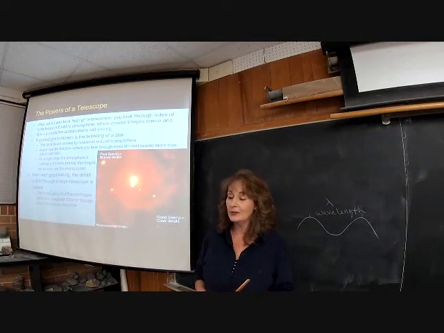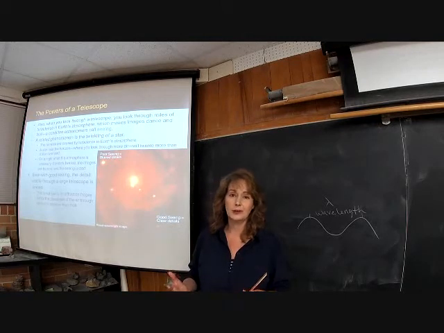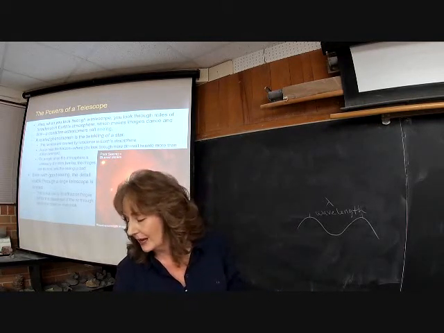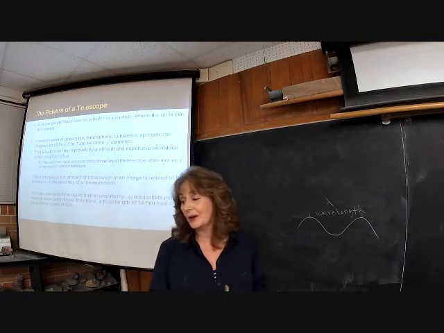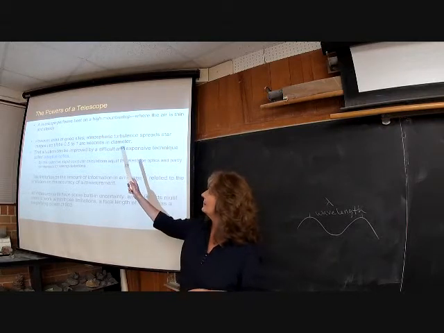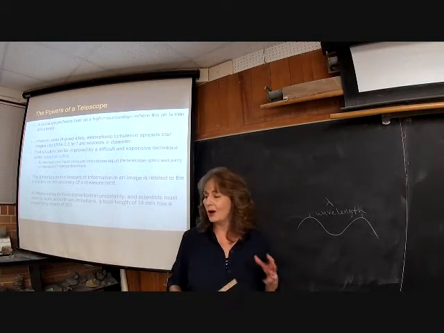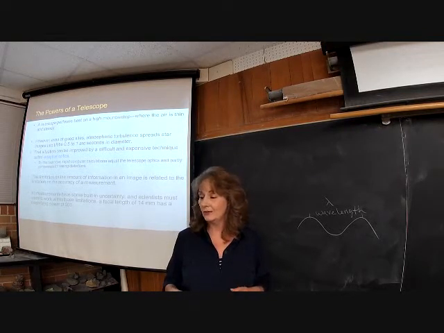So you really do want to build your telescopes way up high on a mountaintop. That's the preferred method. The best is up on a high mountaintop, where the air is thin, steady, calm, drier, more transparent, all of those things.